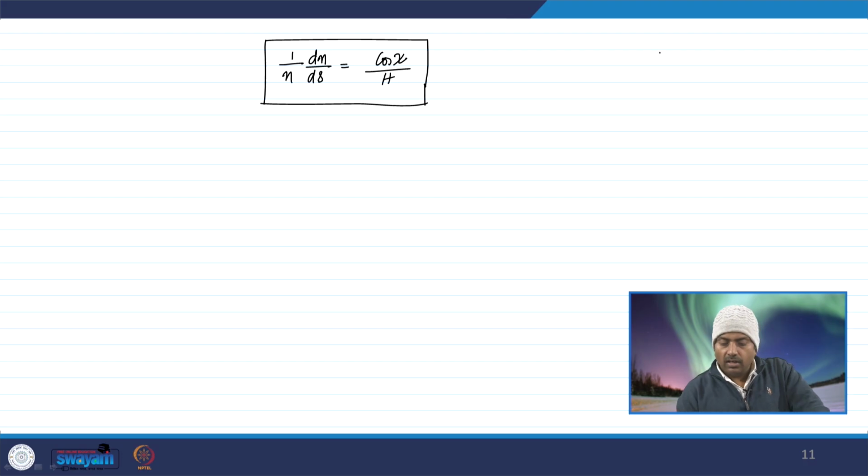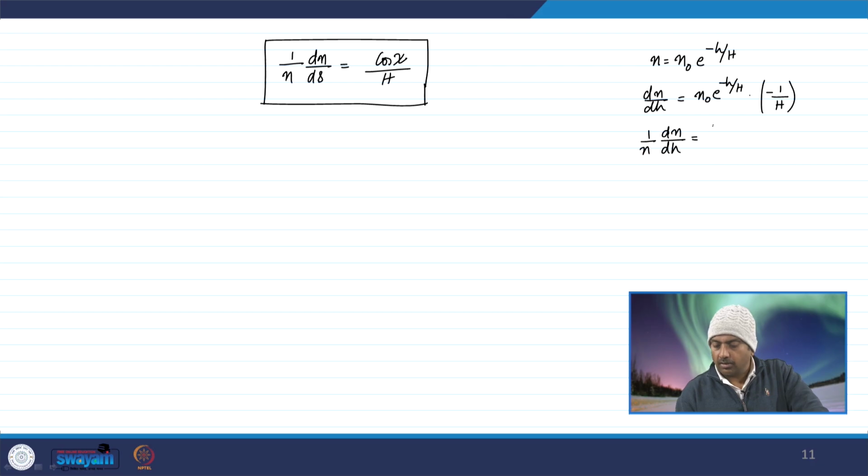How is this different? Because n is equal to n naught exponential minus h by H. So, dn by dh is n naught exponential minus h by H into minus 1 by capital H, or 1 by n dn by dh, if you are asked, will be minus 1 by H, the scale height.